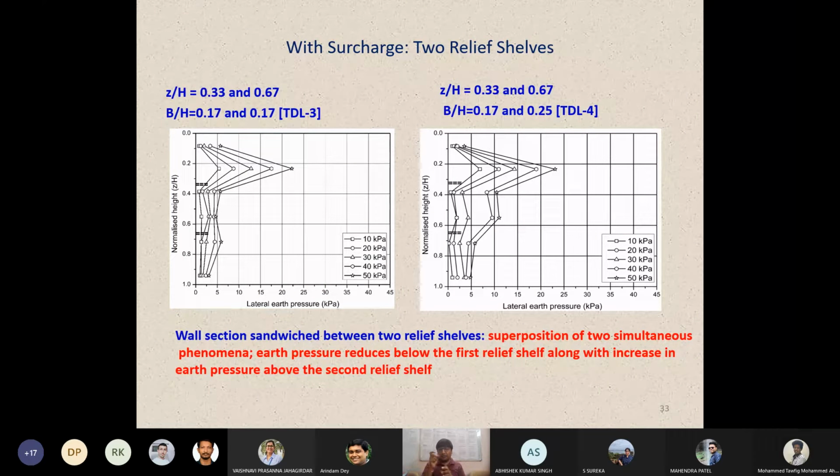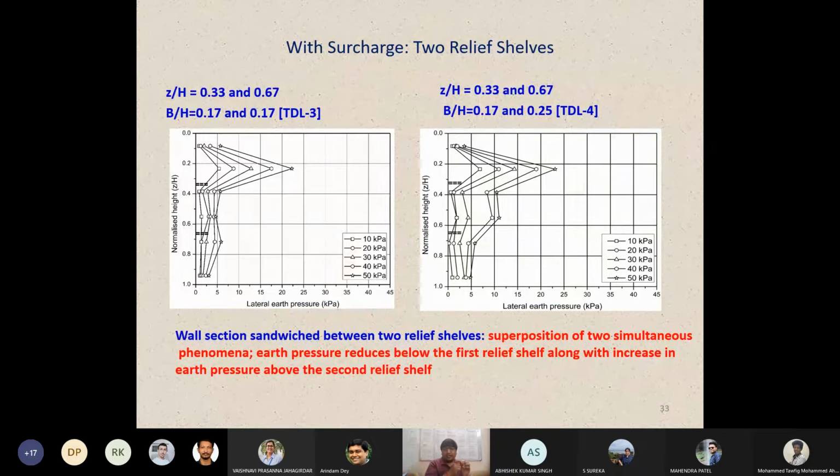Some portion of the surcharge will definitely go through. So the lower relief shelf is helping to increase the overburden, and the upper relief shelf is helping to mitigate the overburden pressure. Somehow the combination of these two things is responsible for the lateral earth pressure you are witnessing over here.